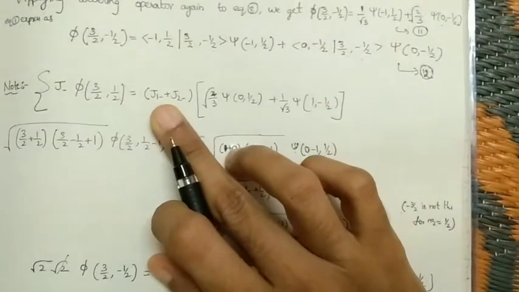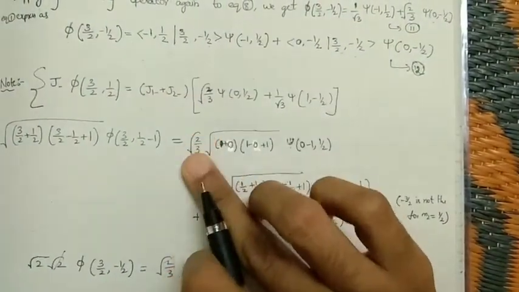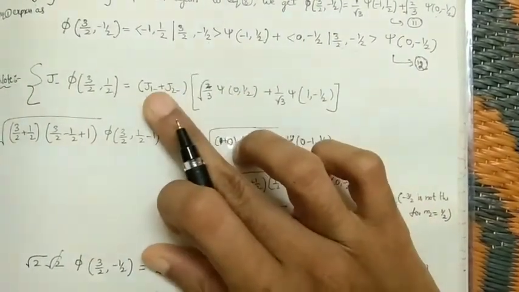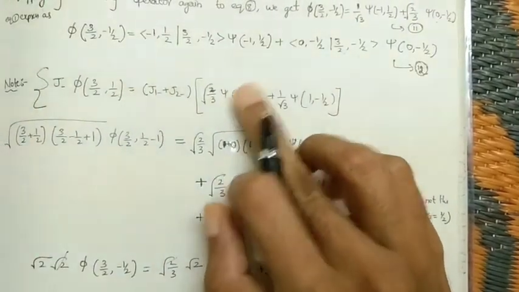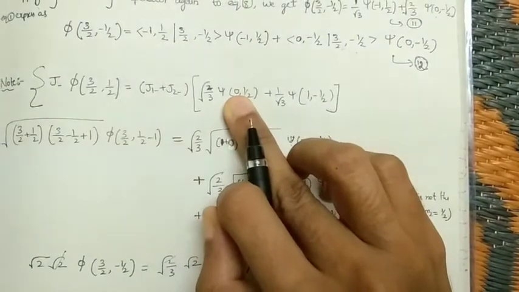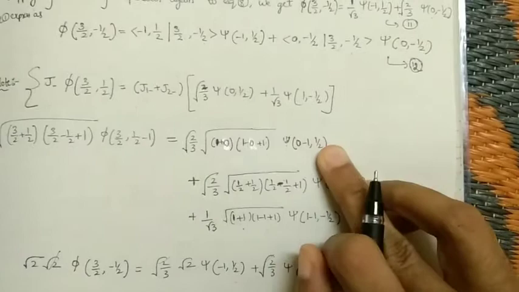Let's see the first term. j1 minus operating on this, with root 2 by 3 taken aside, xi of 0 comma half. j1 minus would only reduce the value of m1. Here this is m1 and this is m2. So xi of m1 equals 0 minus 1, and m2 would remain the same, half.